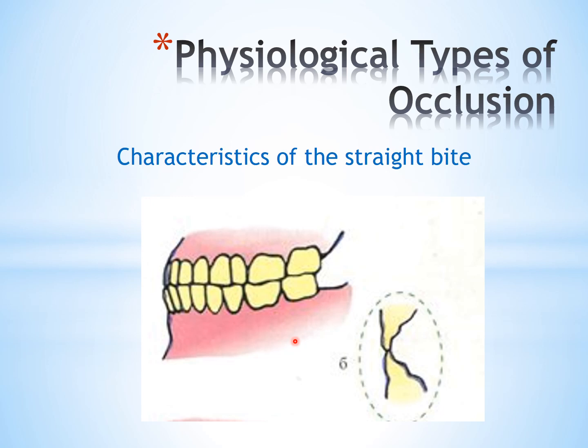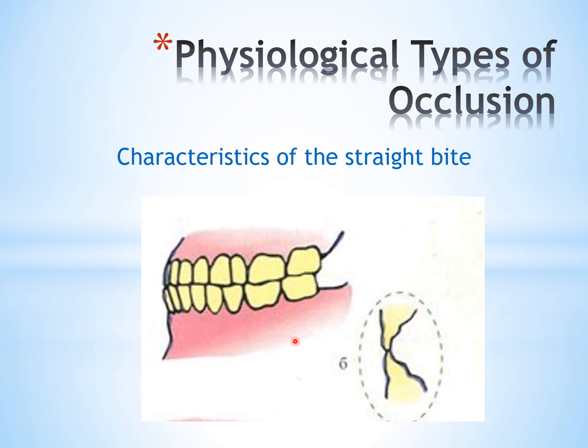Please notice, doctors, that the correlation between buccal teeth, premolars and molars, in all types of physiological occlusion is the same, and differences are observed only in the frontal area.